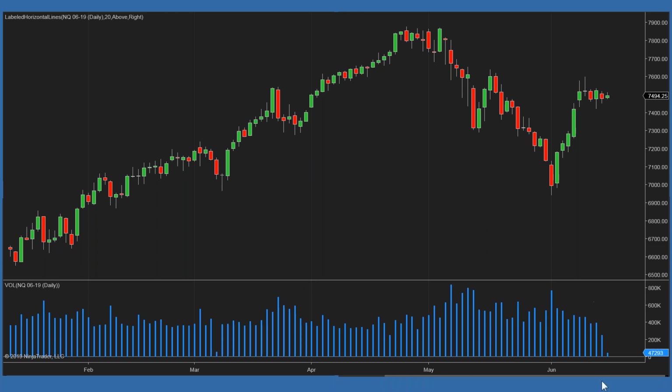So when I'm looking at this chart, what baffles me a little bit is the lack of volume, how the volume is tailing off here. You see, volume was increasing back here as prices were heading lower, and then they seem to be increasing a little bit again as prices were heading lower, but now prices are going up and volume is going down.